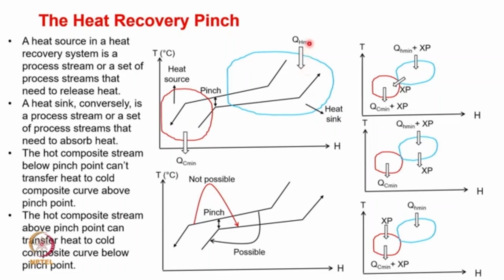Which essentially means if any stream above the pinch point is not covered, the above coverage has to be transferred by a hot utility. Here it is cold utility. Let us say we are adding additional heat above that into the hot utility.